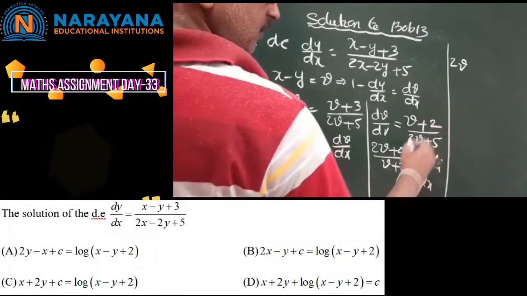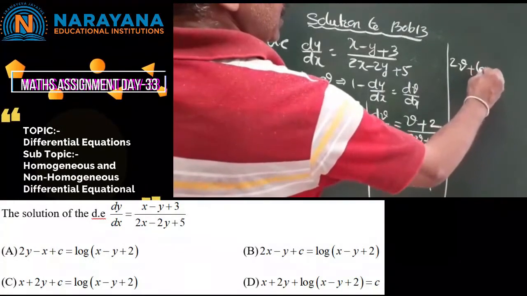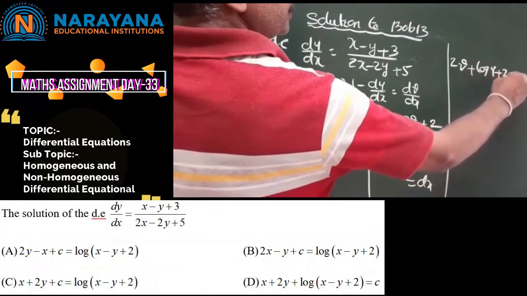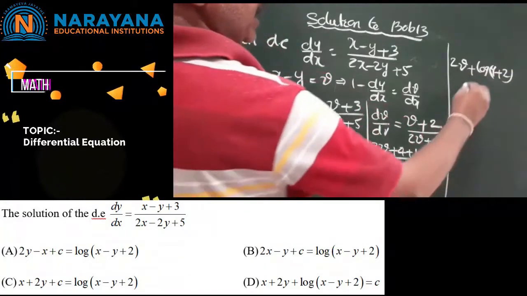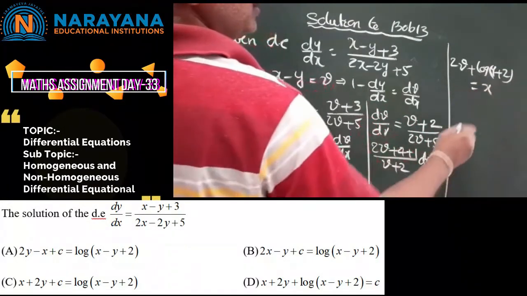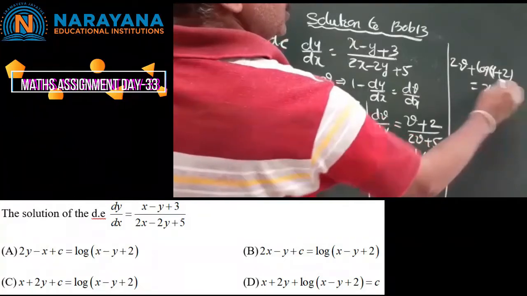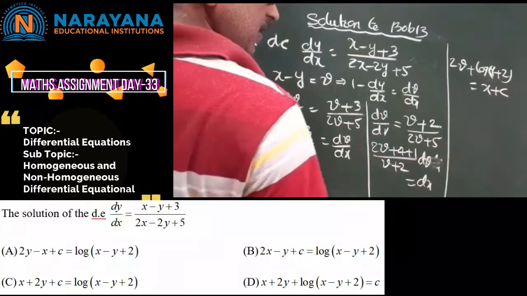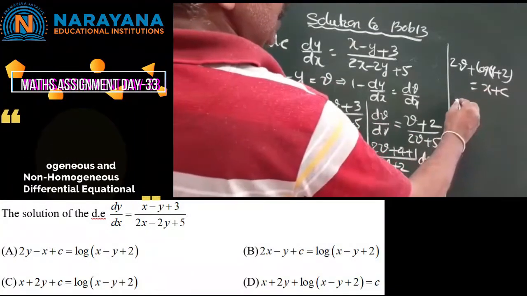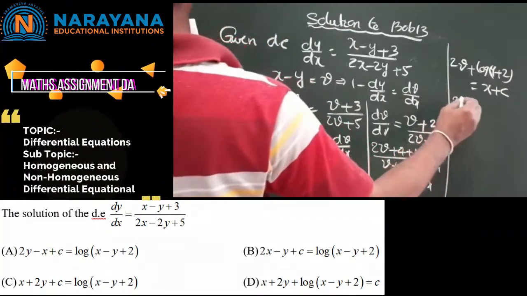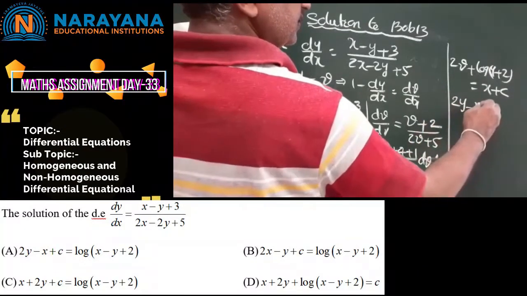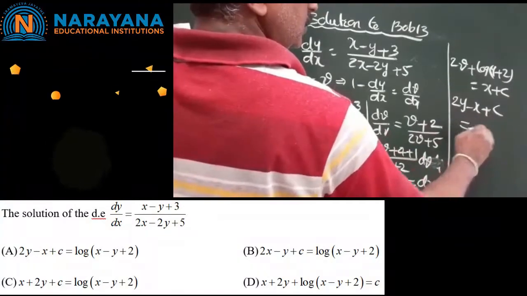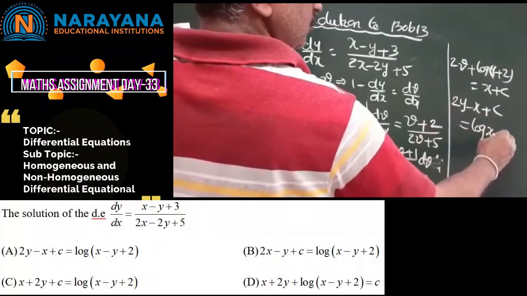Then 1 by (v plus 2) will be log of (v plus 2). And on the RHS, you get x plus a constant c. So after simplifying, you get 2y minus x plus c equal to log of (x minus y plus 2).